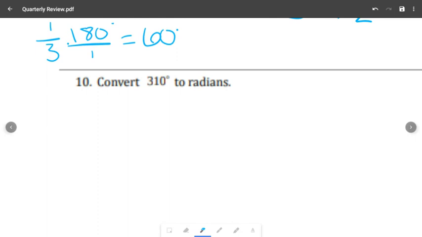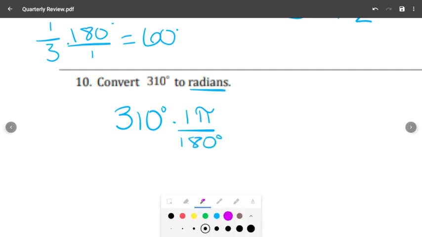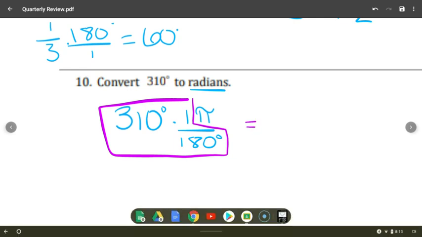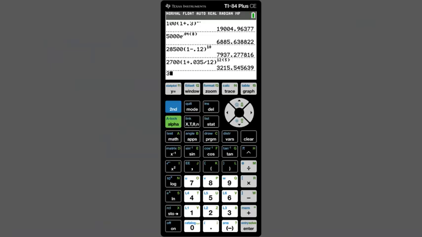Last question, number 10. Convert 310 degrees to radians. So to do that, you are going to multiply by 1 pi over 180 degrees. Remember, we leave the pi out. So on the calculator, you're not going to type the pi in.